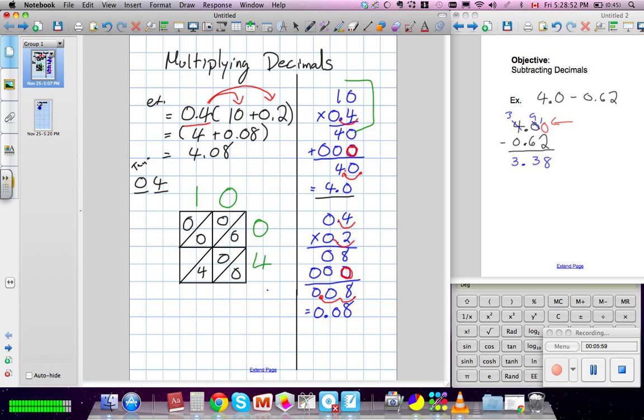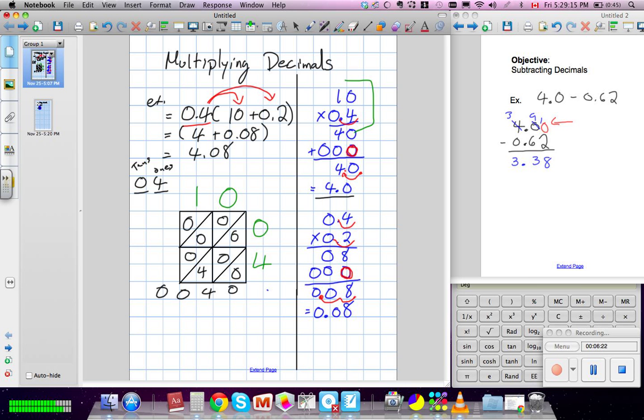Now what we do is we add across these diagonals, and we write our answers out. So 0 plus nothing is 0. 0 plus 0 plus 4 is 4. 0, 0, 0. Now, how many decimal places are there in this question? We didn't write it in here, but there is a decimal.